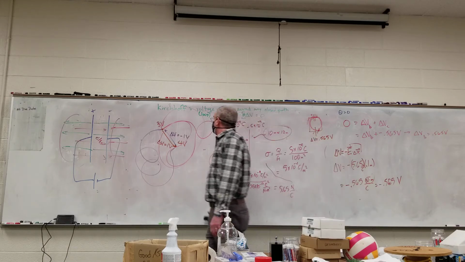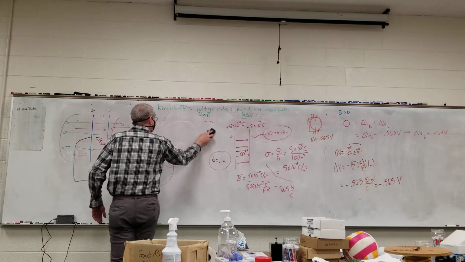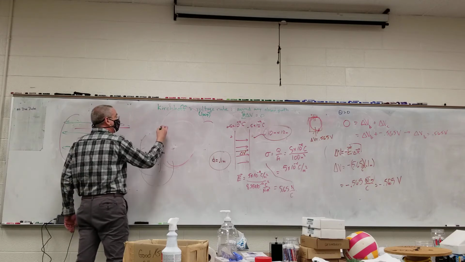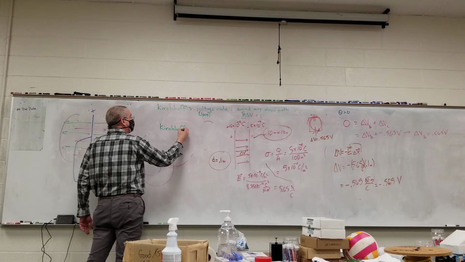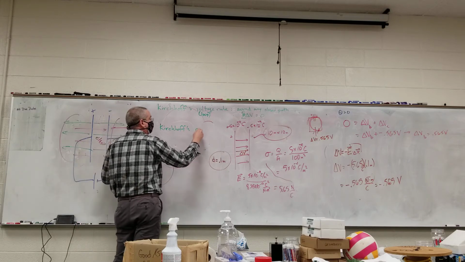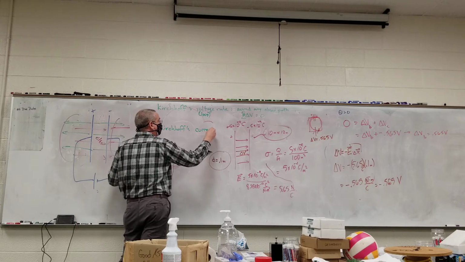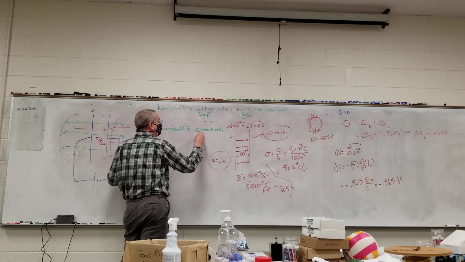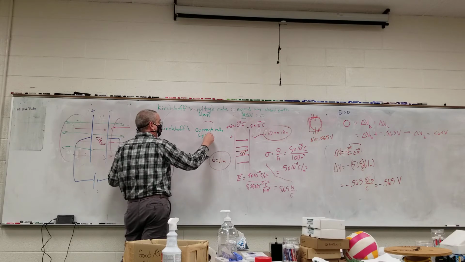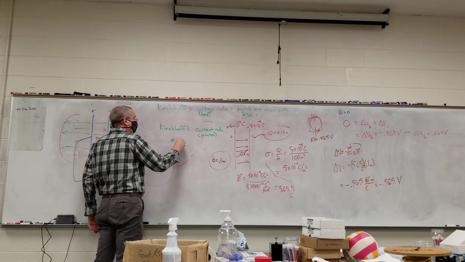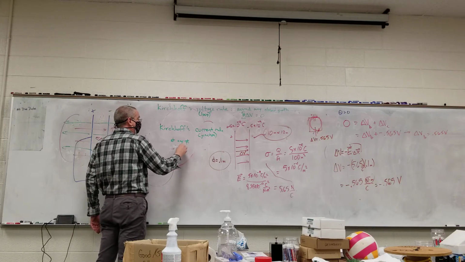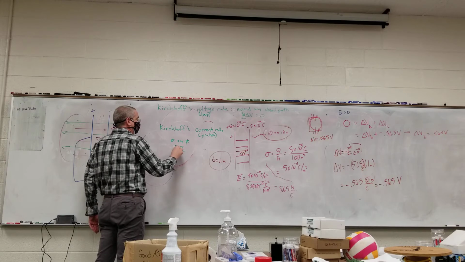And while we're here, let's go ahead and do the other one. Kirchhoff's current rule, or junction rule. At any point, the total current in is equal to the total current out.